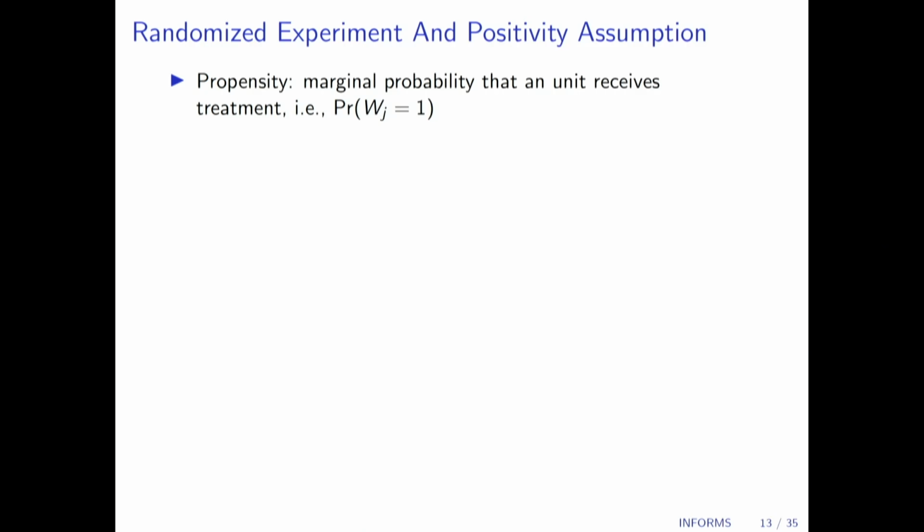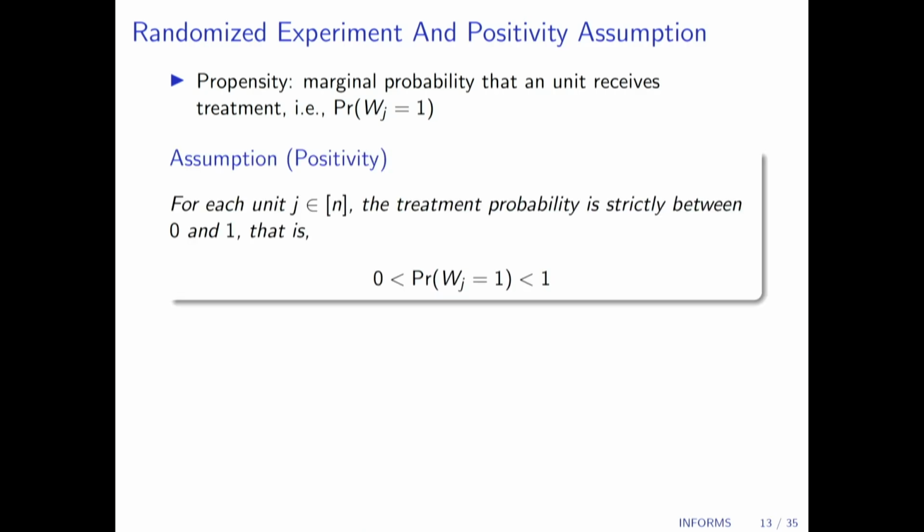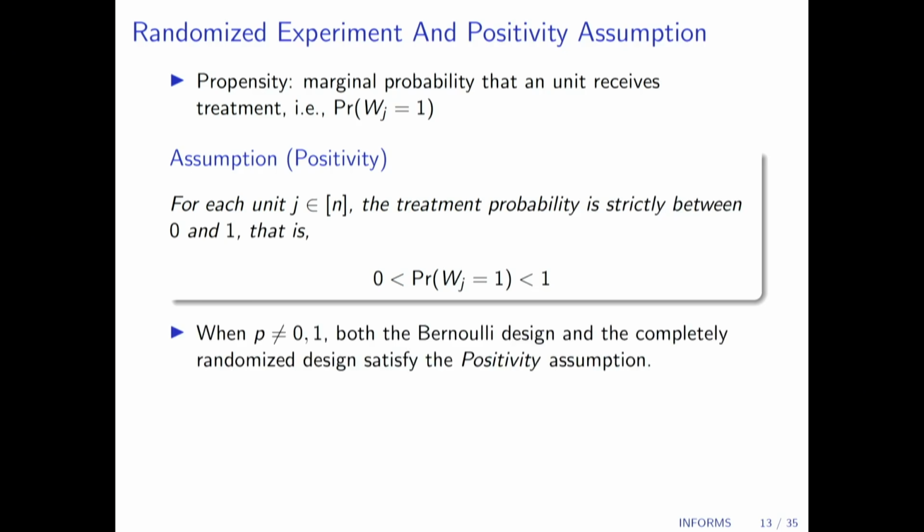Sometimes this is not so critical, whereas sometimes some other people would like to make this assumption, which is to say that the marginal treatment probability of every single unit is strictly between 0 and 1. In other words, the treatment assignment should not be deterministically 0 or 1, like treatment or control. But the treatment assignment, sometimes people restrict that to be random, to be strictly between 0 and 1.